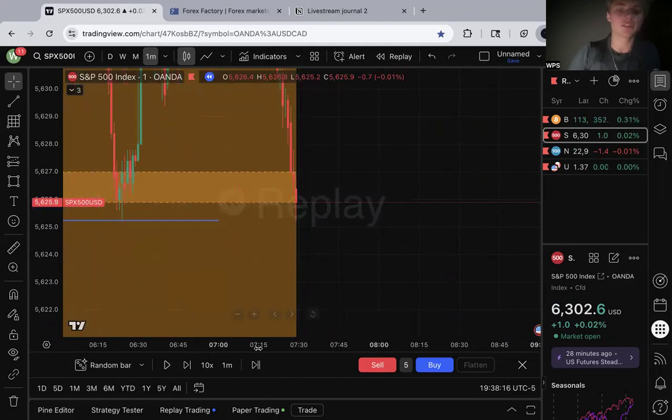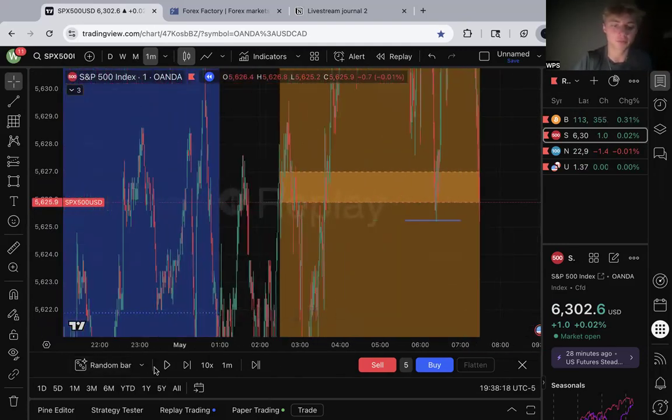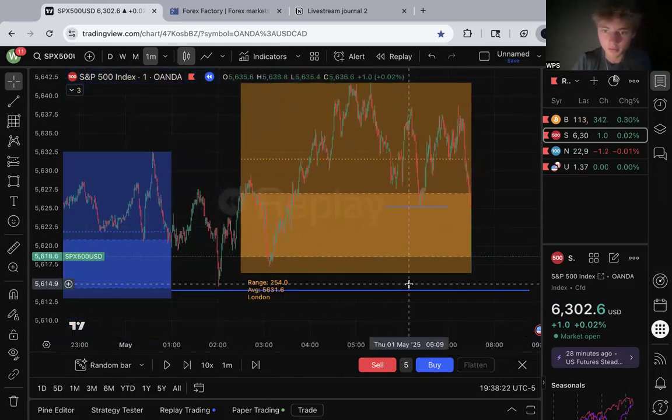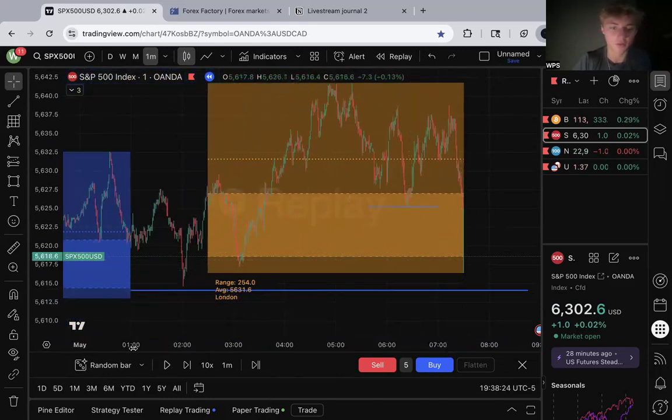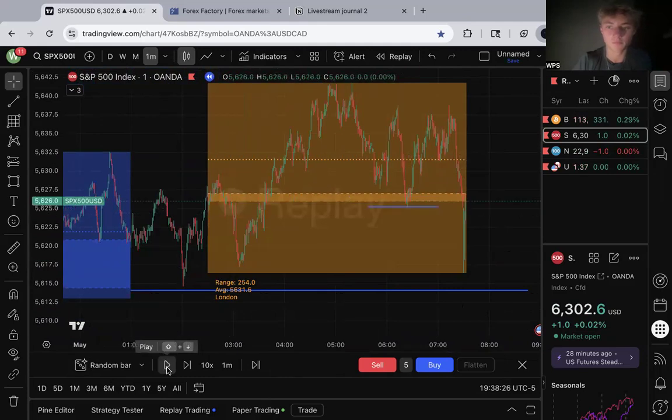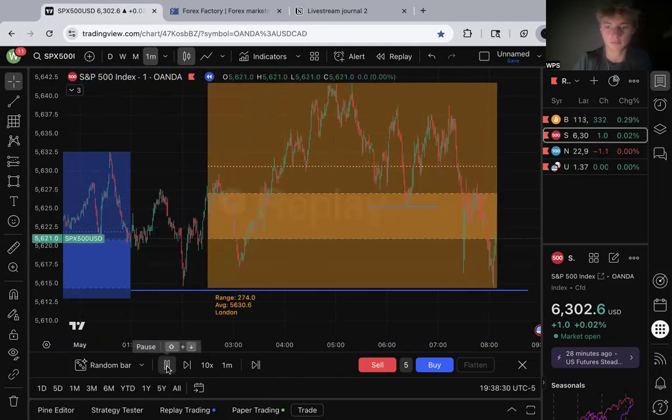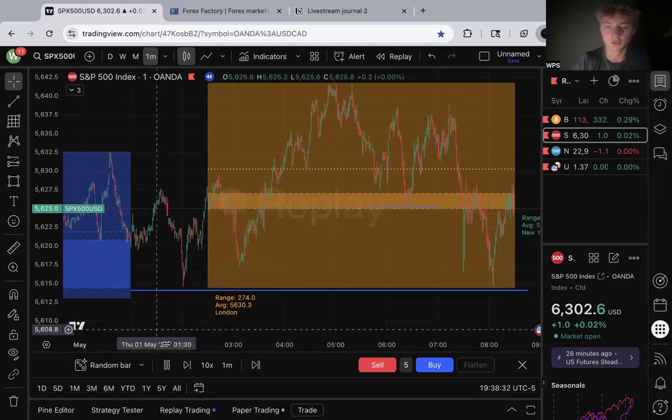Looks like we've swept or are close to sweeping this low. Yeah, we've swept that low. Also that low.